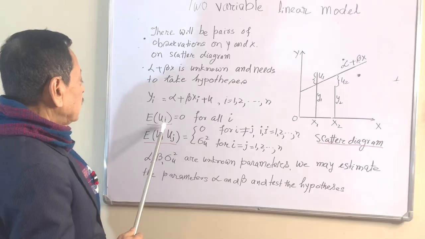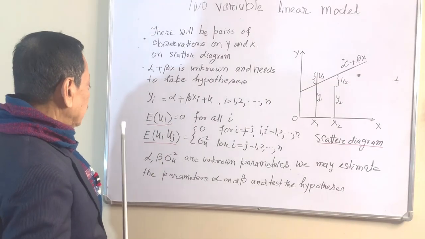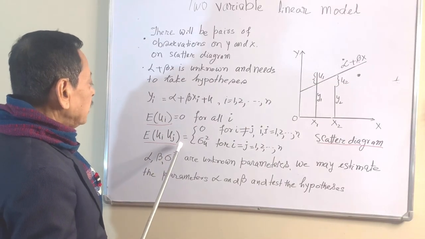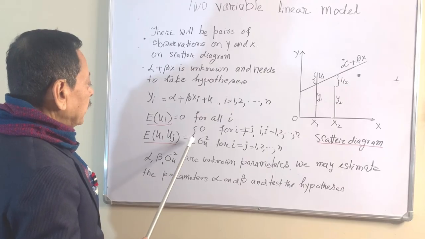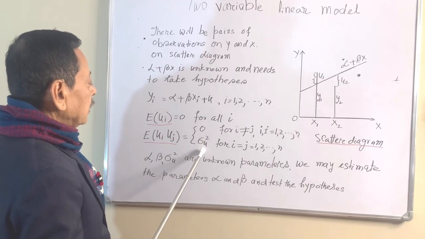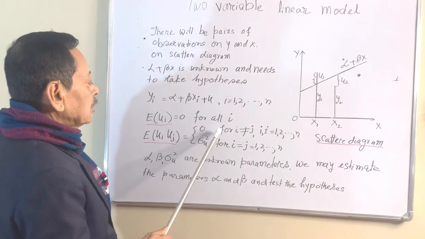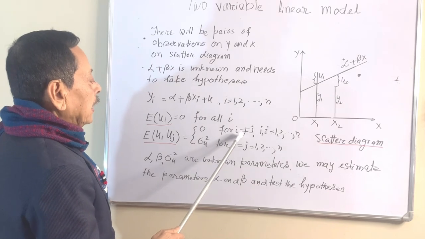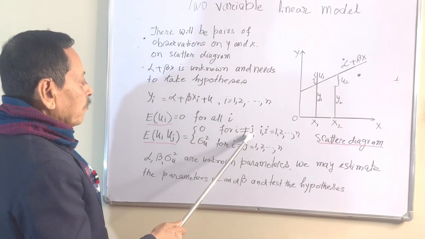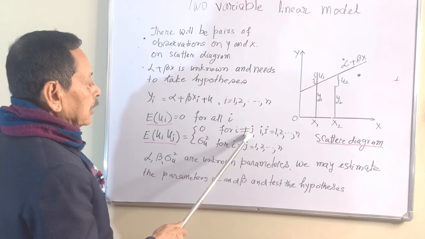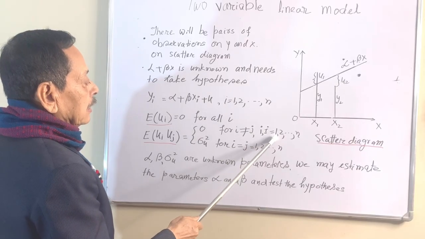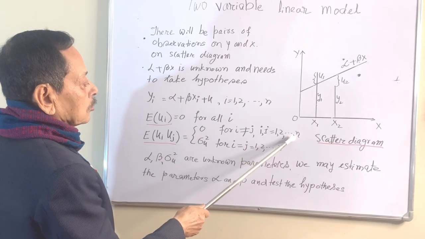Generally it is the mean. And expected ui uj is equal to 0 for i not equal to j, and sigma u square for i equal to j, where i and j range from 1 up to n.